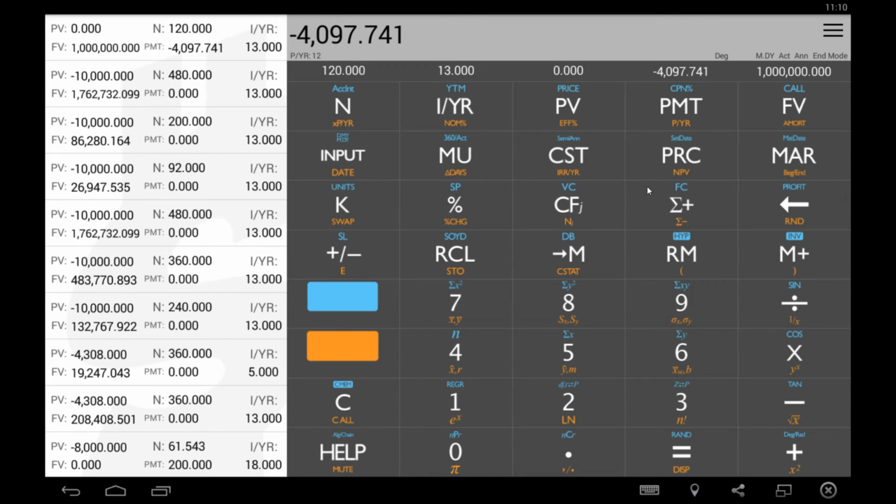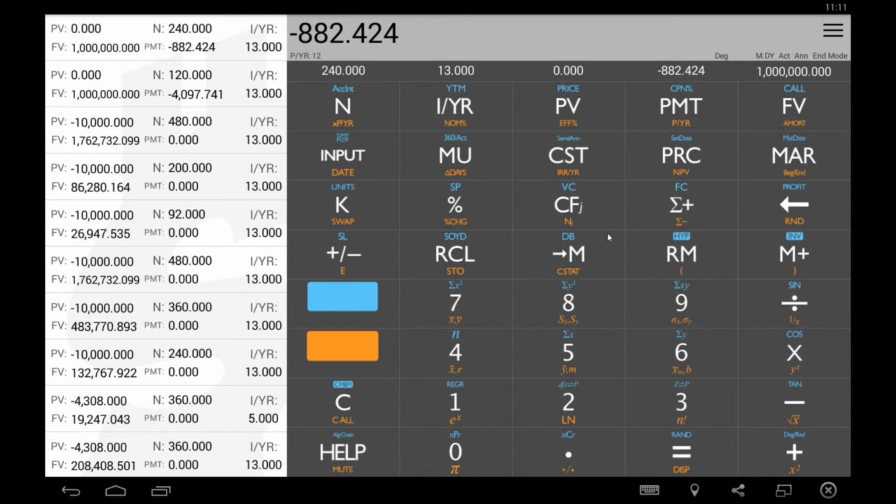Almost $4,100 a month. Now, if you started saving at age 40, you have 240 months to get to 60. Wow, only $882 a month.